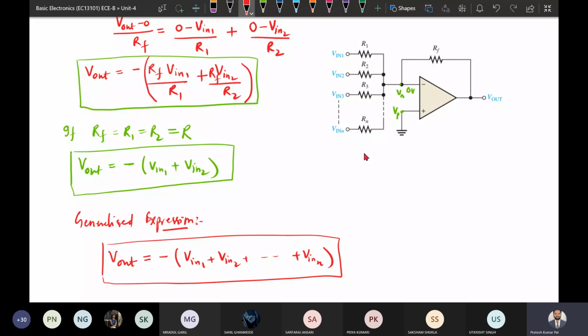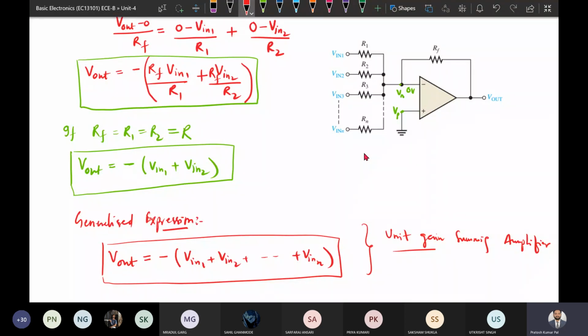This can be considered a unity gain summing amplifier. Unity gain means the output divided by input will be 1. There is a constant, so the gain here is 1.